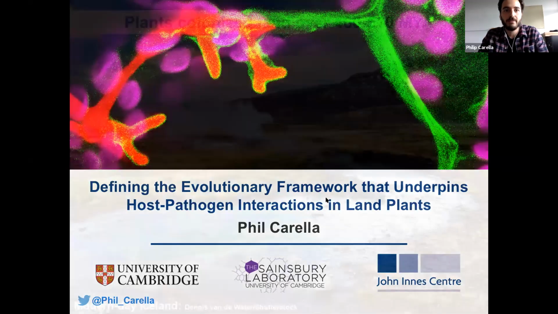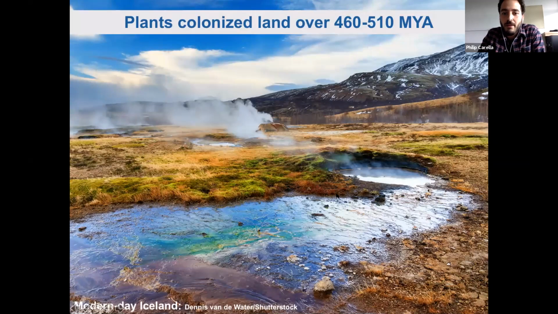So, right. Plants colonized land at least 460 million years ago, and they would have occupied a pretty harsh environment. They evolved from freshwater charophytic algal predecessors, which moved from water onto a rocky soilless substrate that would have been very scarce in mineral nutrients, so very challenging.